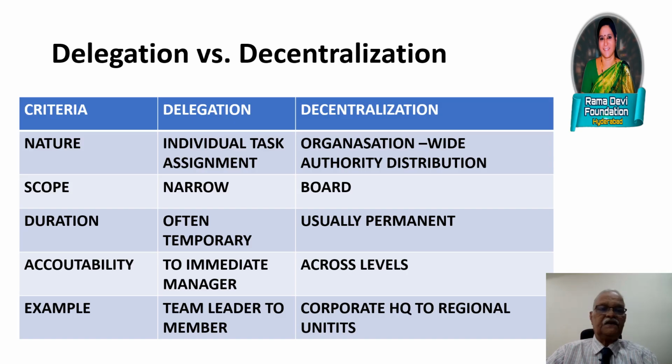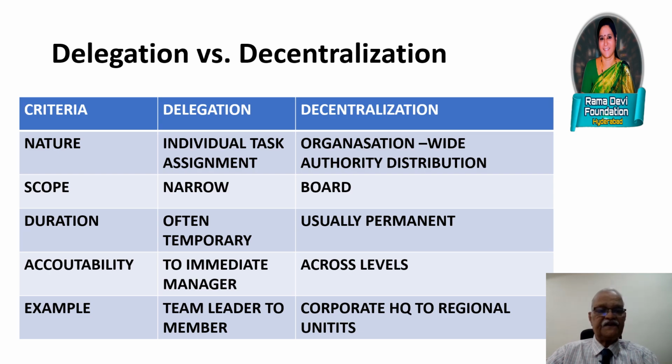1. Criteria of the nature. Delegation is individual task assignment and decentralization is organization-wide authority distribution. The second criteria, scope: delegation is narrow, decentralization is broad. The third criteria, duration: delegation is often temporary, decentralization usually permanent.